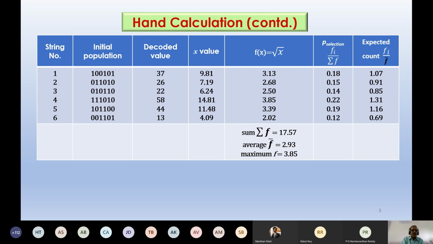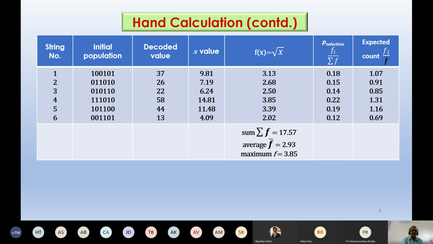Now once you've got this first string, that is 100101, I hope all of you know how to find out the decoded value. To repeat, the place value for the rightmost bit is 2 raised to the power 0, that is 1.